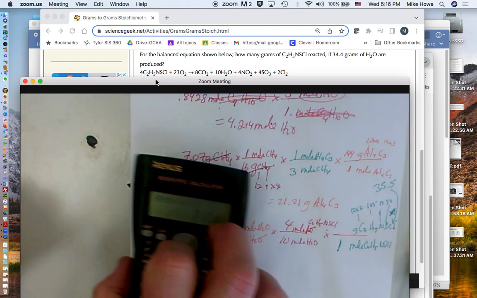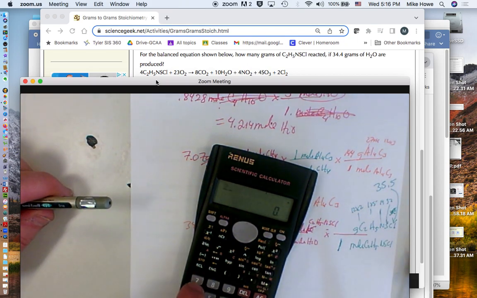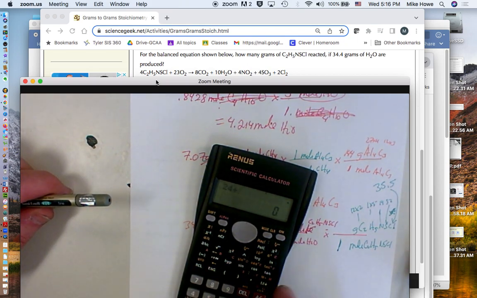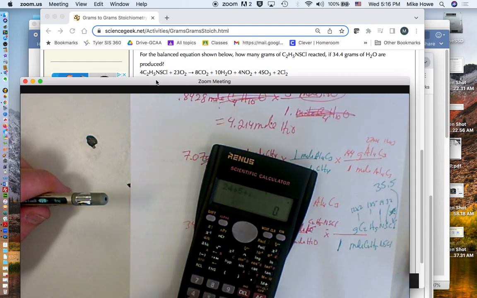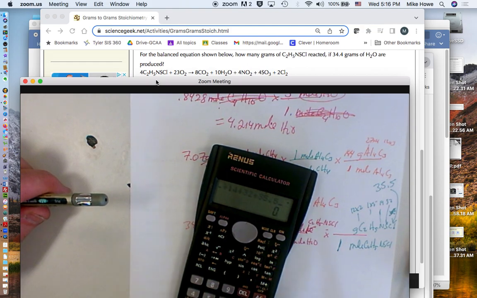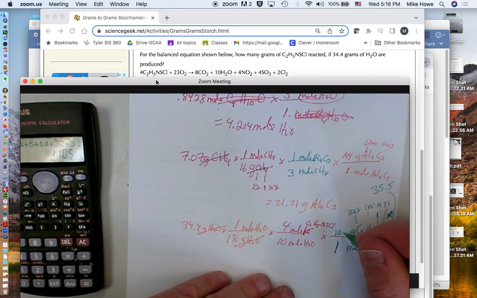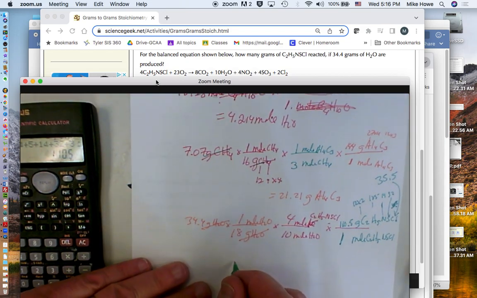All right, let's add all those numbers together right over here. So 12 times 2 is 24, plus 5, plus 14, plus 32, plus 35.5. So I get 110.5. All right, so now we're ready to do the math.